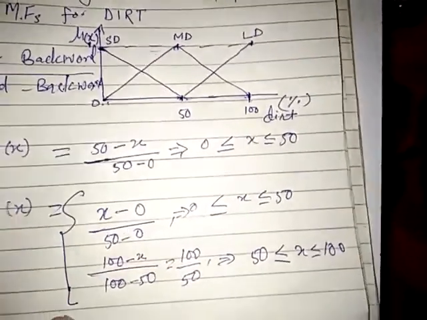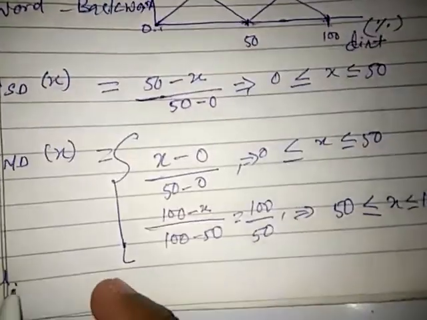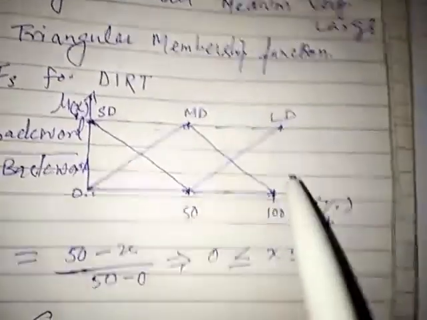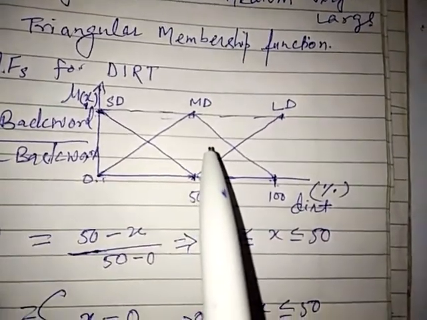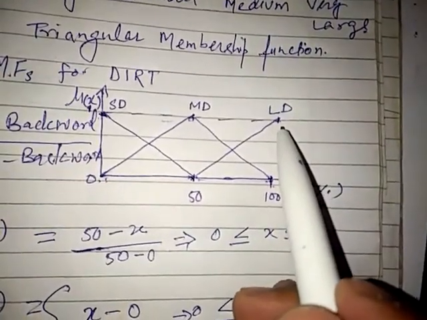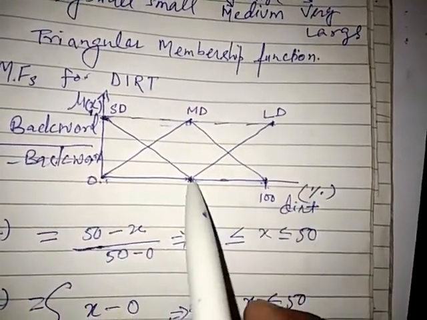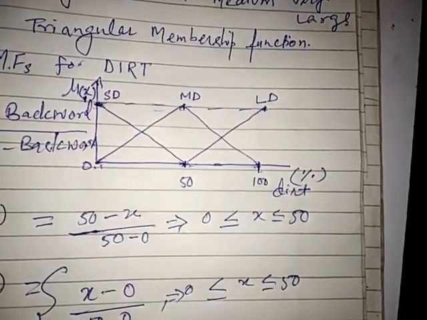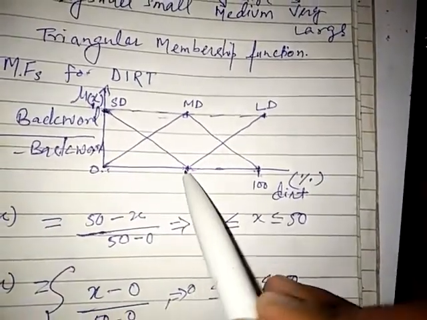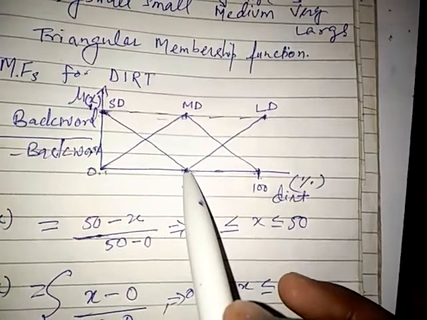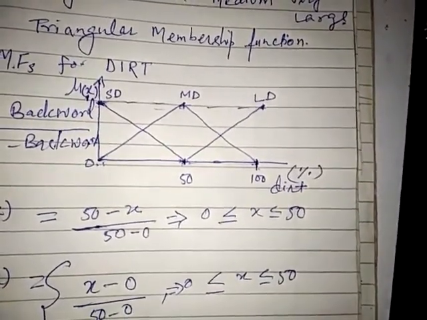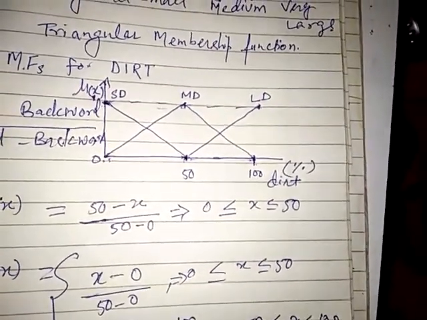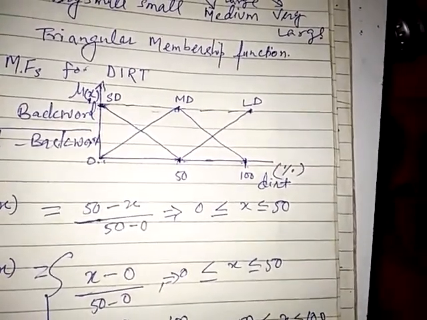In the case of the membership function for large dirt, there is only one membership function: x minus 50 divided by 100 minus 50, that is x minus 50 divided by 50, with range x to 100.